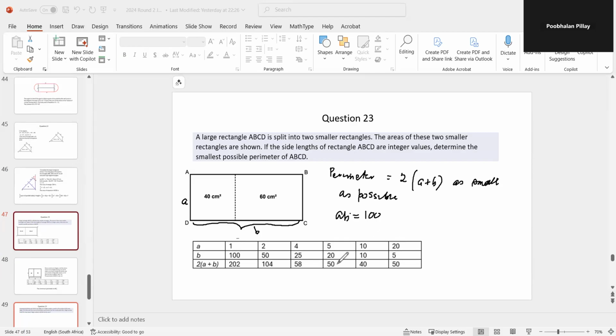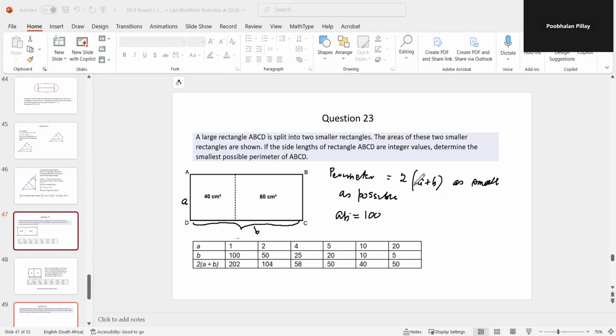So you can see I've got this pair A and B, 5 and 20. Yeah, it's 20 and 5. So if you go on, you're going to have 20 and 5, 25 and 4, 50 and 2, 100 and 1 in the top line. And I didn't care to finish that off because I'm looking for the smallest possible perimeter.